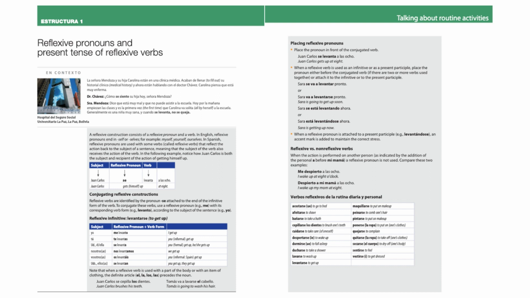Now, conjugating reflexive verbs. Reflexive verbs are identified by the pronoun se, which is attached to the end of an infinitive form of the verb. So, to conjugate these verbs, you're going to use a reflexive pronoun, me, for example, with the corresponding verb form, which is levanto, the first person controlling the verb, according to the subject of the sentence, which is yo.